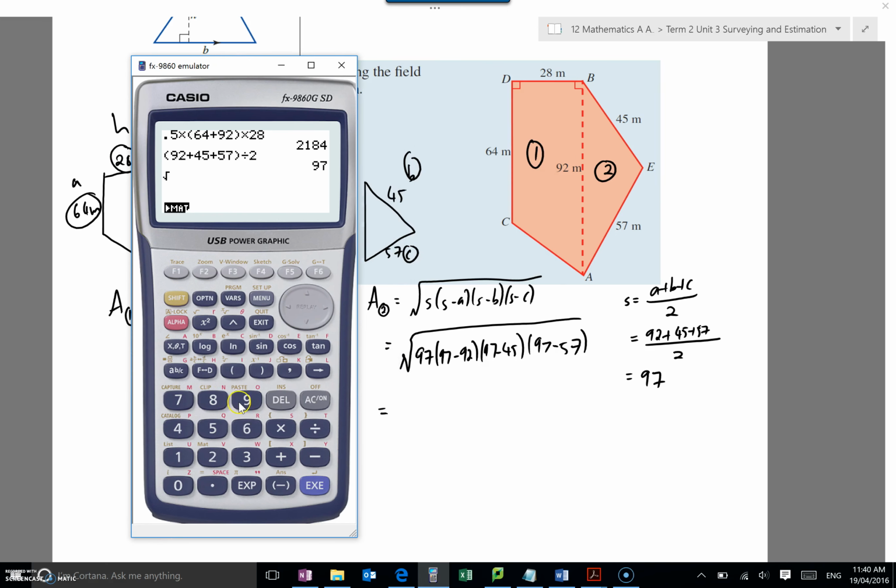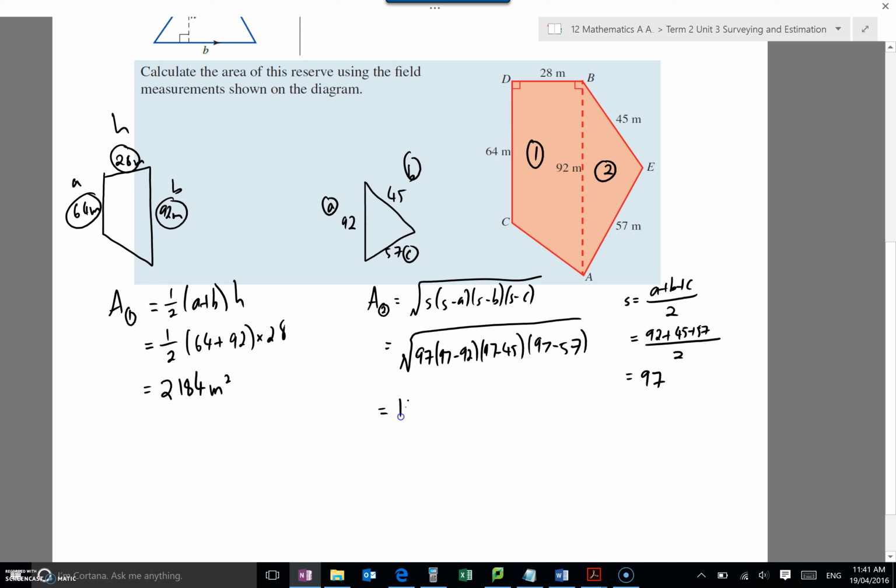So I want the square root of 97 times 97 minus 92 times 97 minus 45 times 97 minus 57. 1004.39. And again, that's in meters squared.